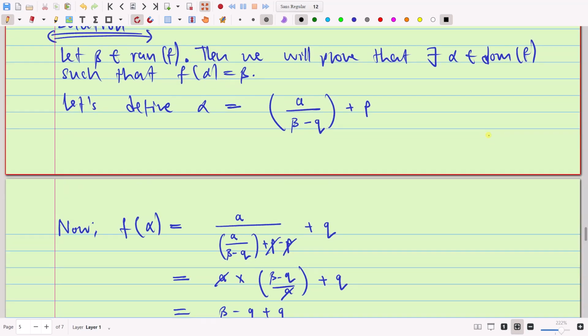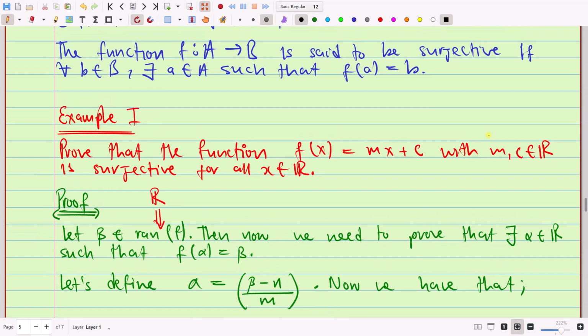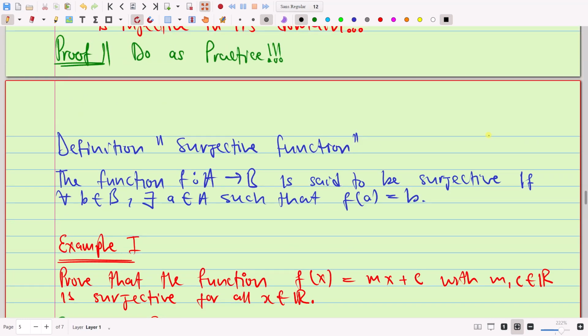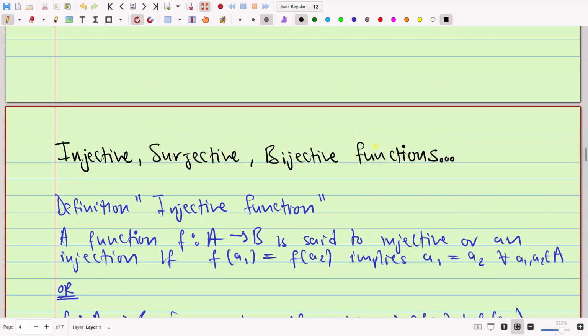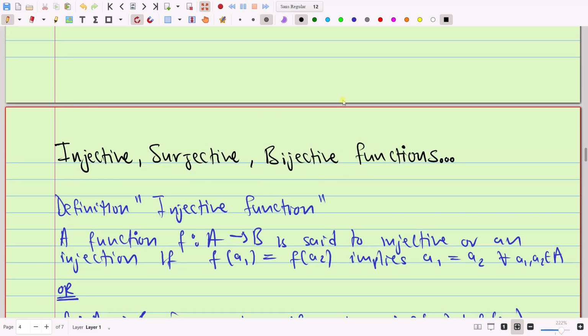So those are things that you should know. Then I also forgot to mention something. This is something that was worth mentioning when we were defining this function. A function which is surjective, we also say it is an onto function. So when we say a function is onto, it means it is surjective.